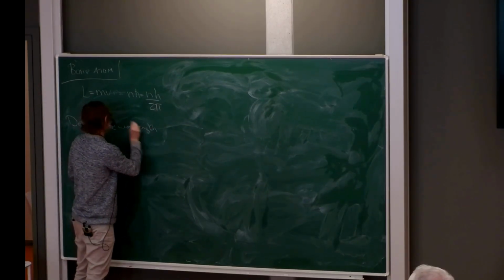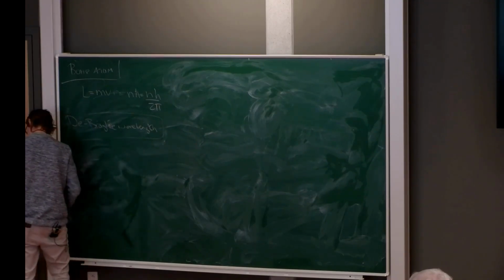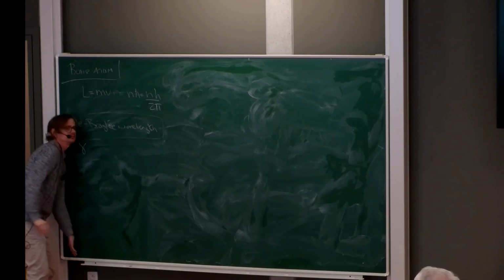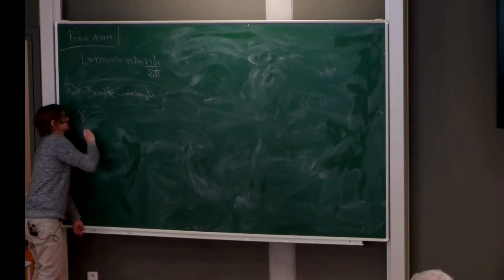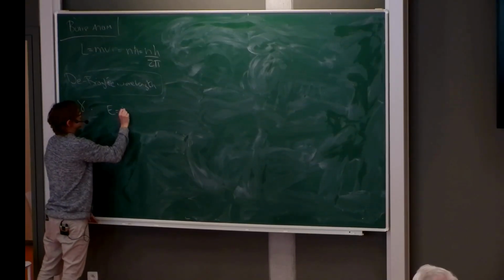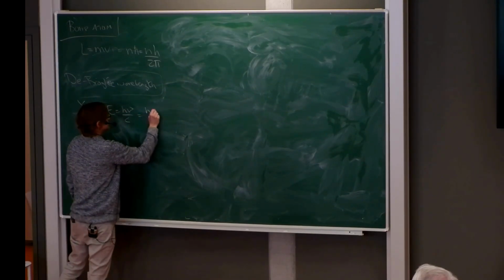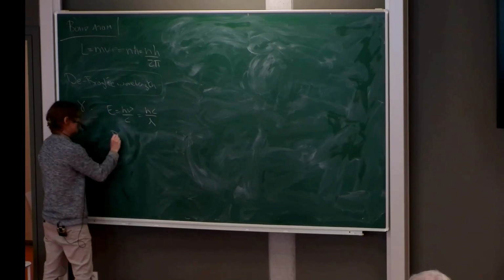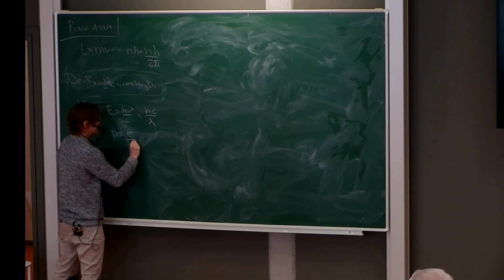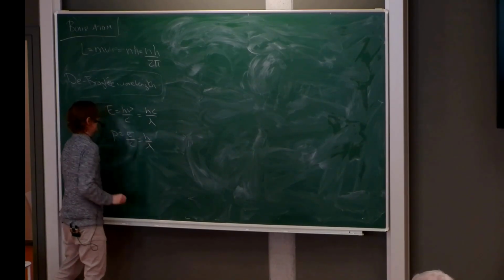And it goes something like this. We know for a photon, yeah, we have the energy, it's h nu, and the momentum p is E divided by c, or h divided by lambda.